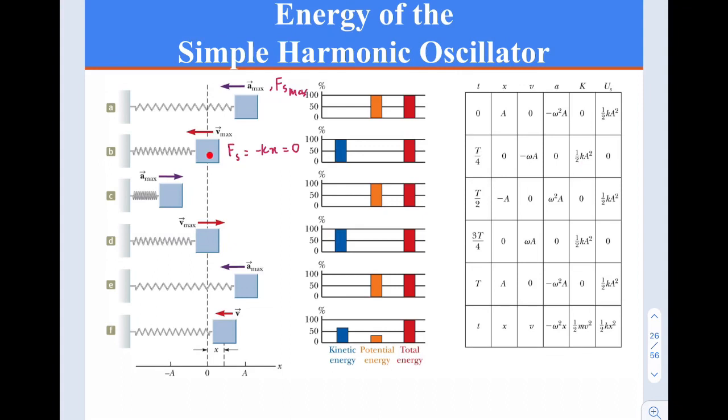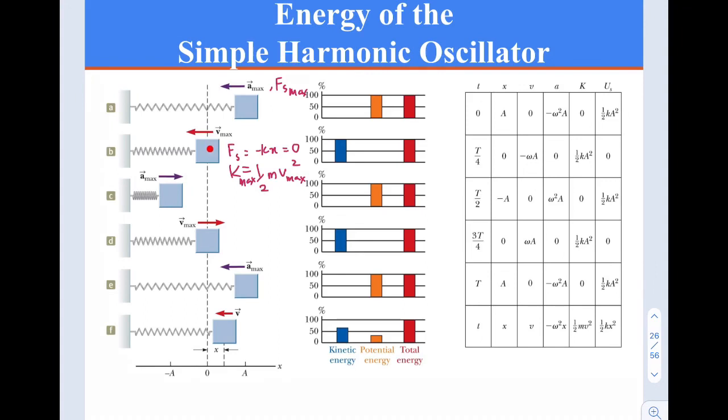And then your kinetic energy at this instant will be maximum because kinetic energy is equivalent to half mv squared. Since here will be V maximum, kinetic energy is also going to be maximum, which is equivalent to E total, which is 100%. Right.